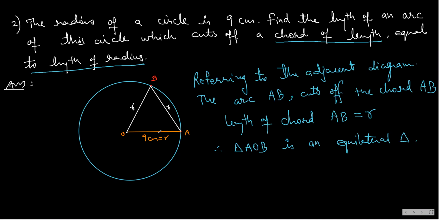Now you know, students, if it's an equilateral triangle, each of these angles will be 60 degrees, each one of them. But you know, students, we are not interested in all the angles. We are only interested in the central angle. So that central angle will also be 60 degrees.